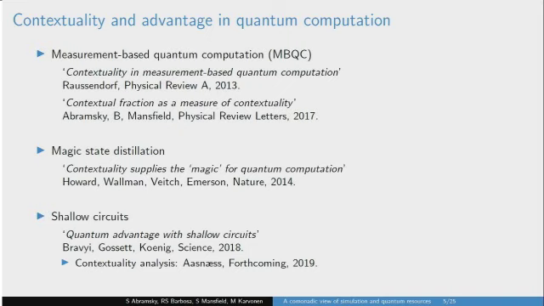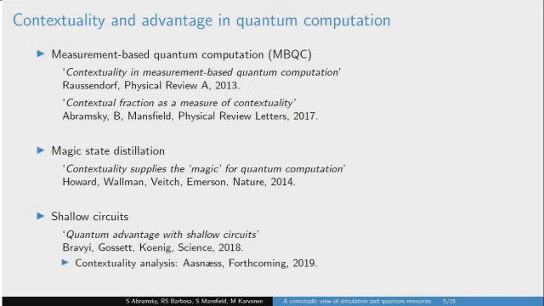For example, in measurement-based quantum computation, you can have a very limited measurement-based quantum computer that can only do mod 2 linear things, and then giving it access to a contextual resource will let it do more. Similarly, there's work that roughly says that stabilizer quantum mechanics is classically simulable in polynomial time, but if you give it access to a so-called magic state, then you can promote it to universal quantum computing.